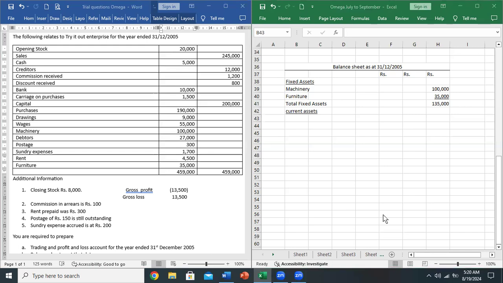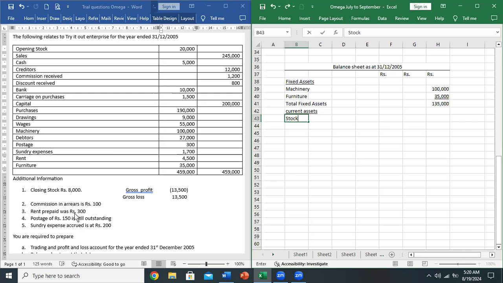our current assets. Debtors. Debtors, okay. So I told you that the first one should be your stock, your closing stock. Your first current asset should be your closing stock. So we pick our closing stock.